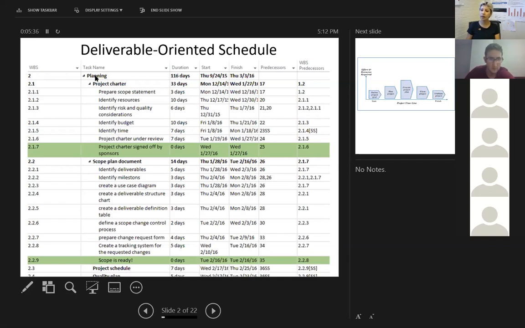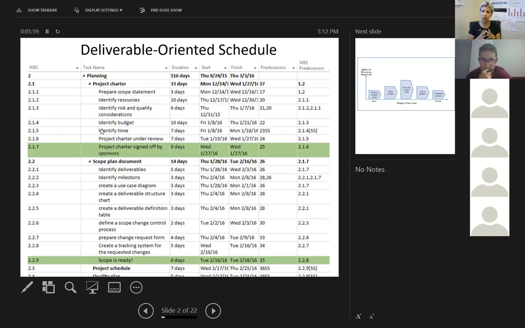So this is a phase, this is a deliverable, and then you go one level lower, you see a list of activities that would help you produce that deliverable. So this is a work breakdown structure. Yes, it's used for scheduling, for keeping track of time and order of things, and all those that you shared with me.